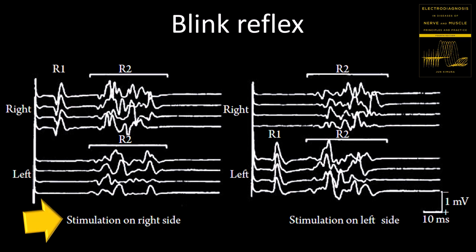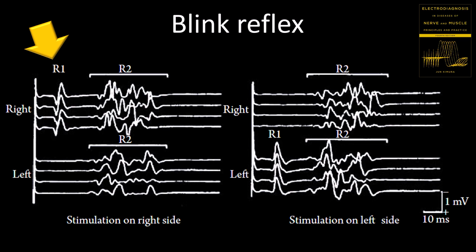The first study consists of stimulating the right side, which is done at the supraorbicularis, infraorbicularis or mental nerves, and recording from electrodes on the right and left orbicularis oculi. With right-sided stimulation, the ipsilateral recording electrode usually captures a biphasic wave.